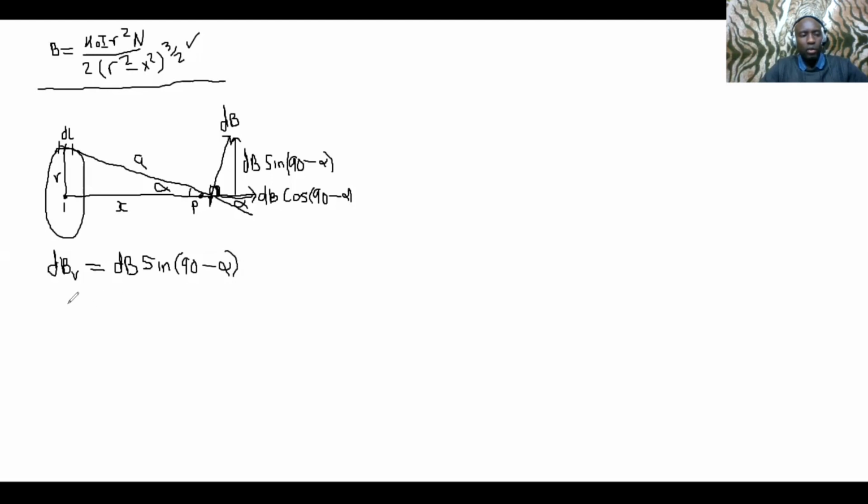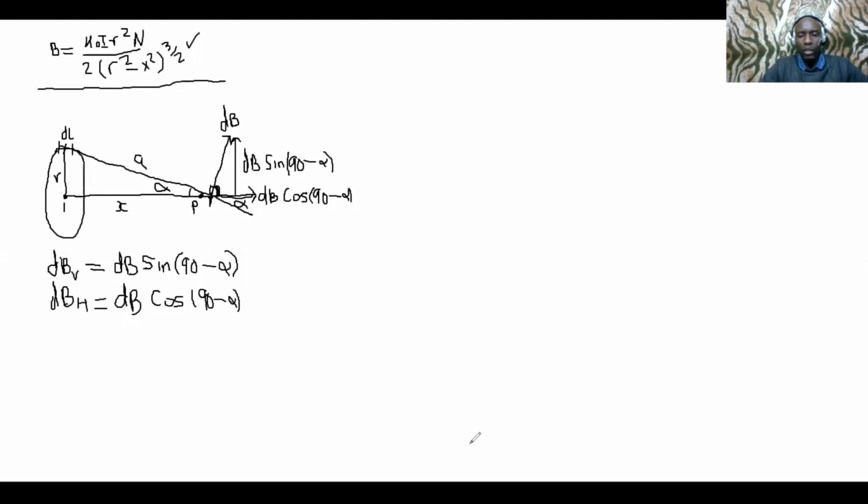And the horizontal component, let us call it dBH. Therefore, dBH will be equal to dB cos of 90 minus alpha. Those components we have obtained here.